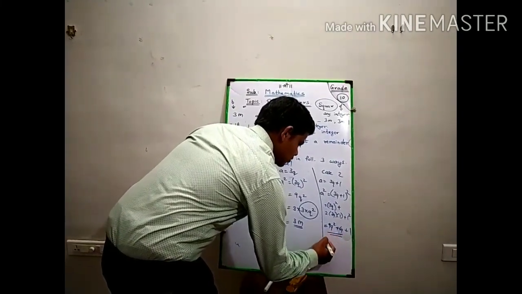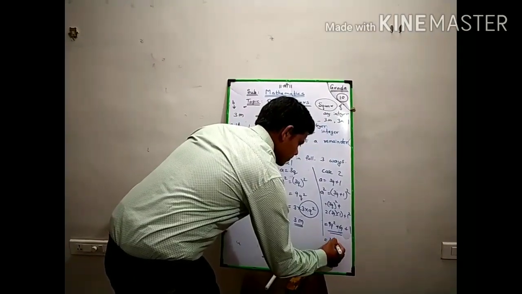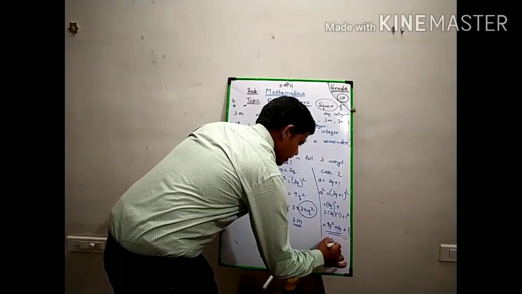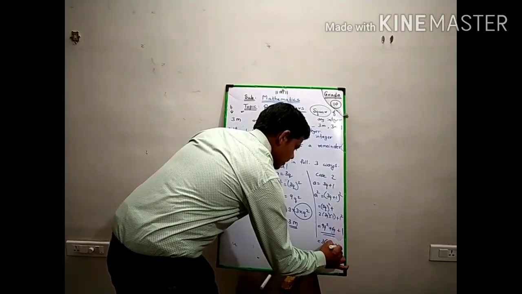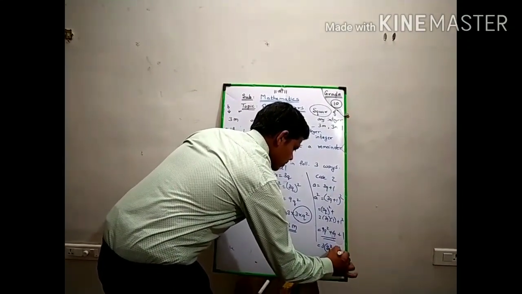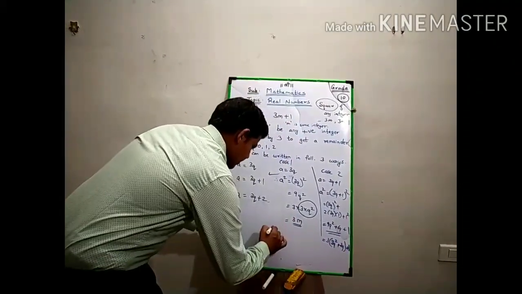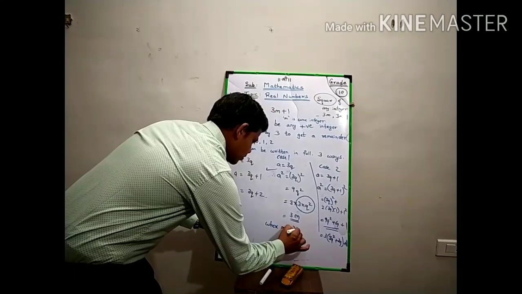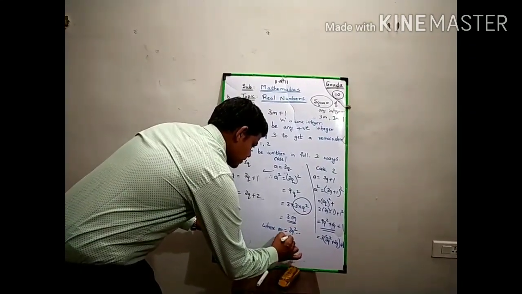Again, from these two, 3 is common. 3 common, what remains? 3q square plus 2q plus 1. Here m is equal to 3q square, some integer.